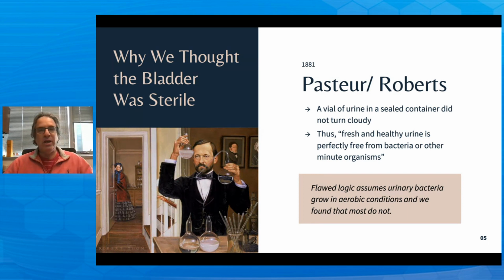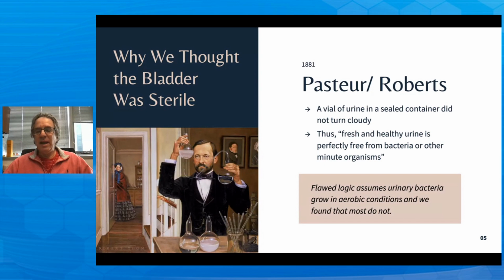You just put it in a normal incubator, and urinary bacteria, if they existed, would grow. Except we have found that most of the bacteria that exist in a urine sample taken from the bladder do not grow under ambient conditions. They're not aerobic. They like 5% CO2 or even anaerobic conditions. And so those bacteria couldn't grow if you just put it in an incubator in ambient conditions.